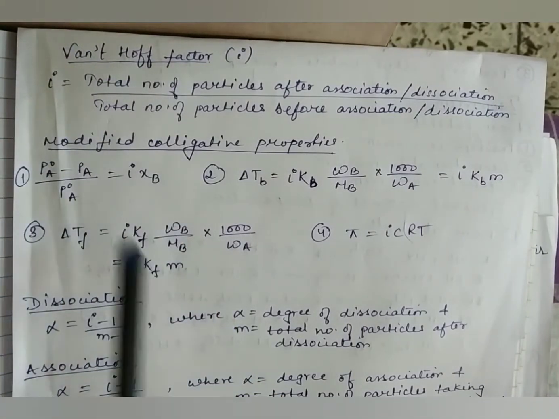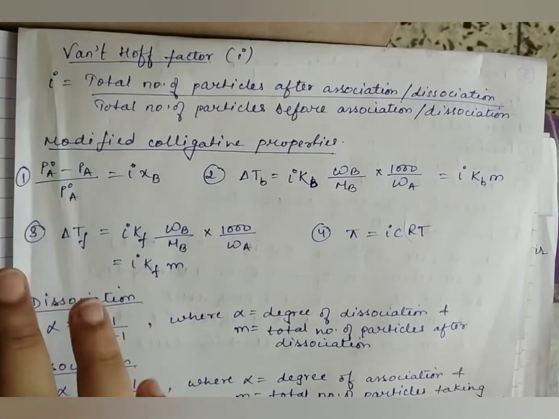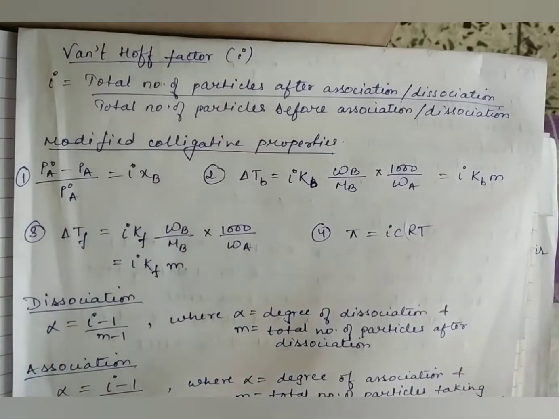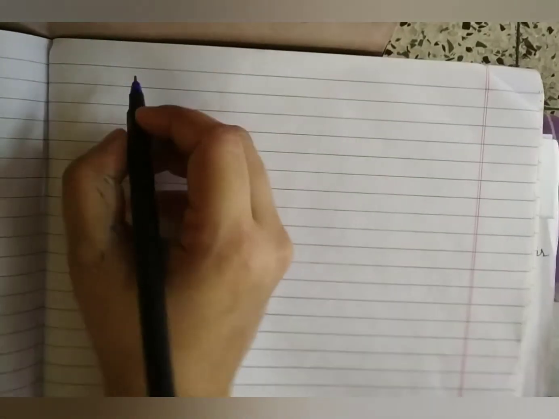So what is the Van 't Hoff factor? Van 't Hoff factor i is equal to the total number of particles after association or dissociation divided by the total number of particles before association or dissociation. Let us try to calculate the Van 't Hoff factor with an example.